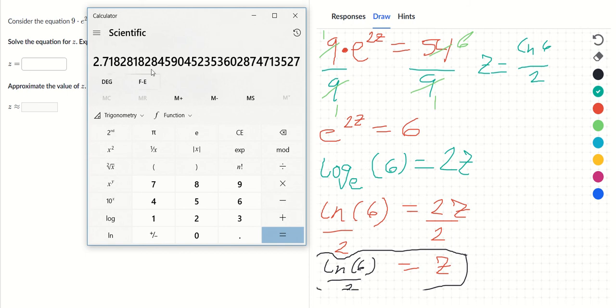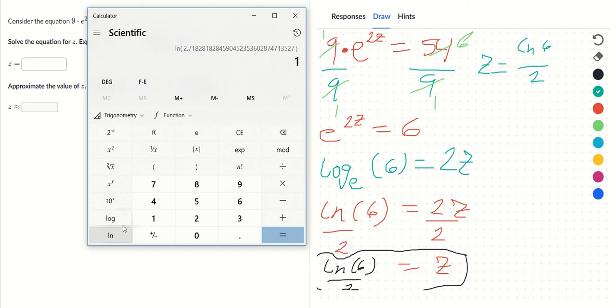That's something super cool about the number e. So you press e and you see logarithm, logarithm base 2, and natural logarithm. You just click here and you divide it by 2.